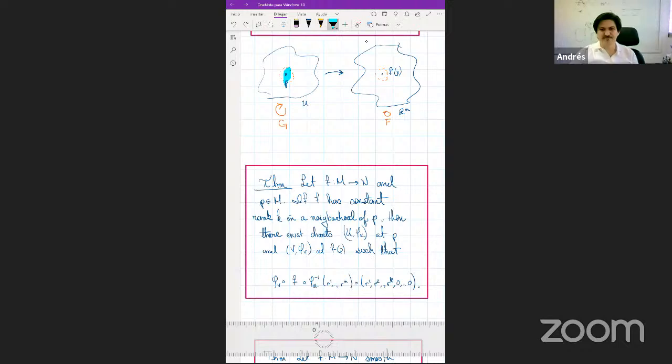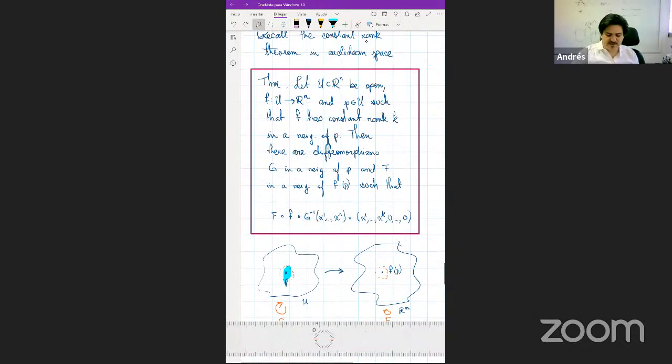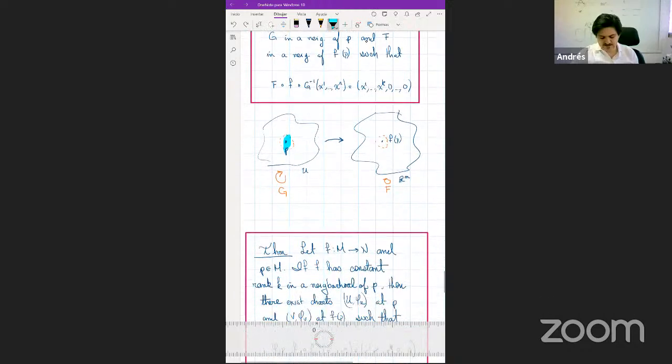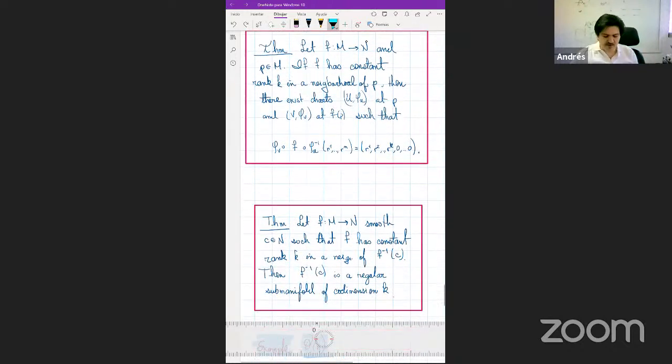Okay, so maybe next time we'll prove this. This we will not prove it because it is based on the other one. But this is the important one, this one here.